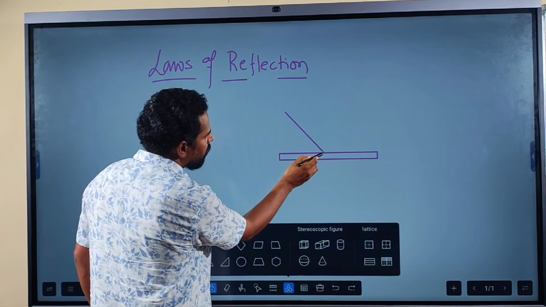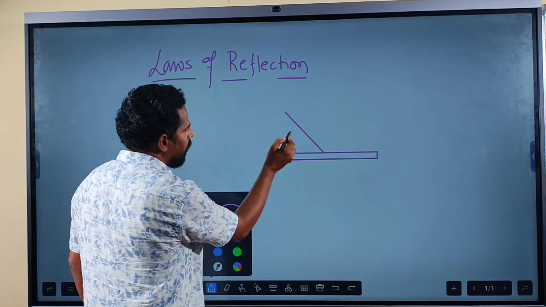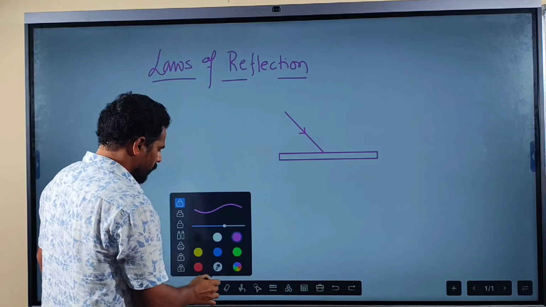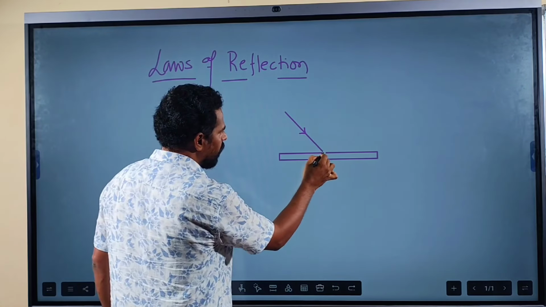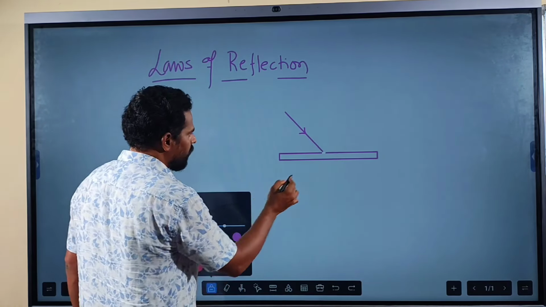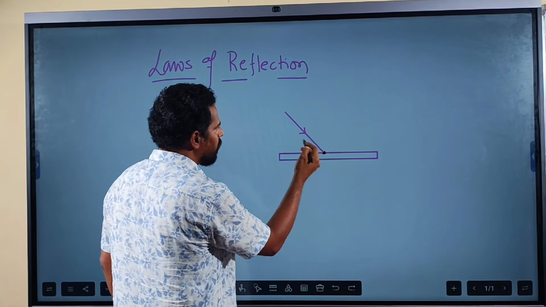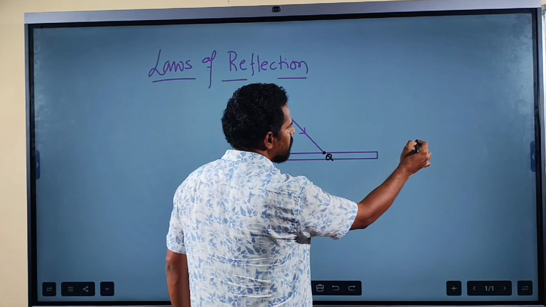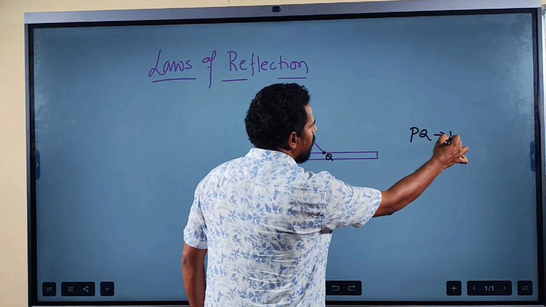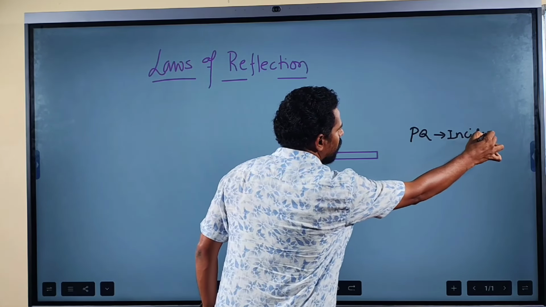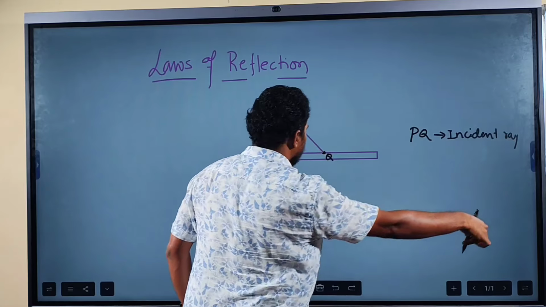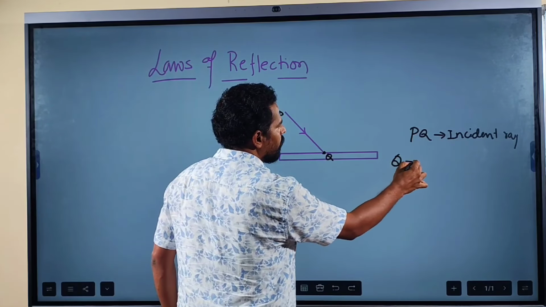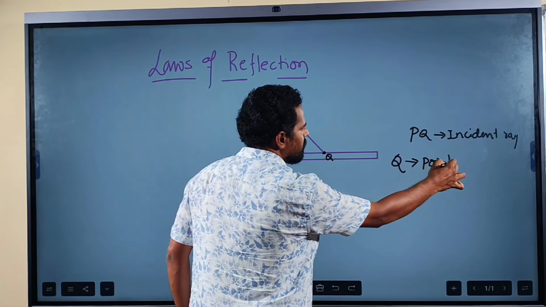If you draw the ray which falls at a point, it is called the incident ray. Let us call it PQ. PQ is the incident ray. Similarly, Q is the point of incidence.